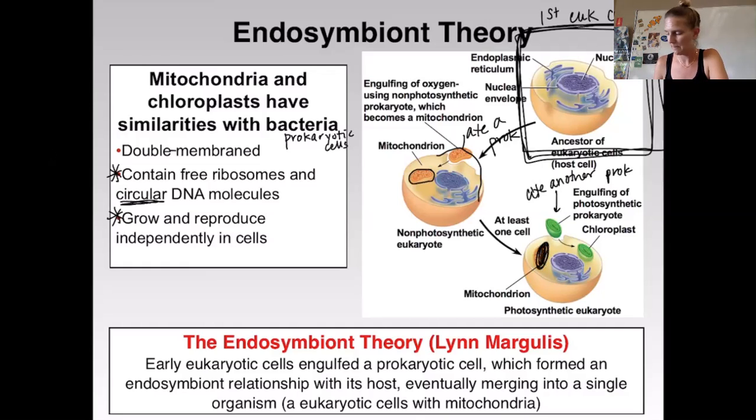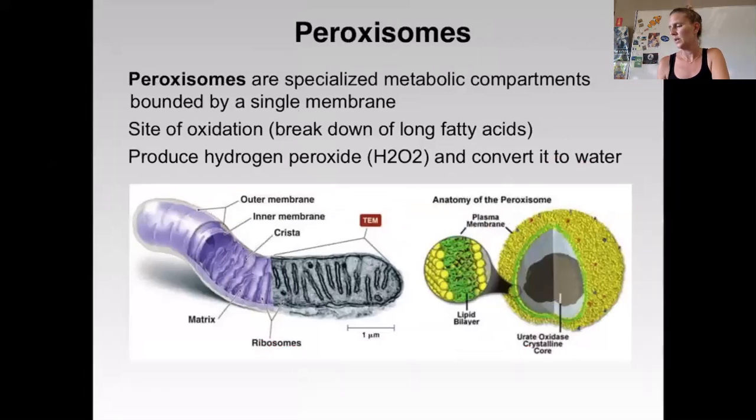That's pretty sweet, because that first prokaryotic cell evolved into this little mitochondria. Now, this little prokaryotic cell that I just ate, I'm going to keep that around too, because it can do something cool for me. In other words, photosynthesize. So that's the endosymbiont theory. There's a great movie on that. We can talk about that more in class. We can even draw the whole thing out if you want.